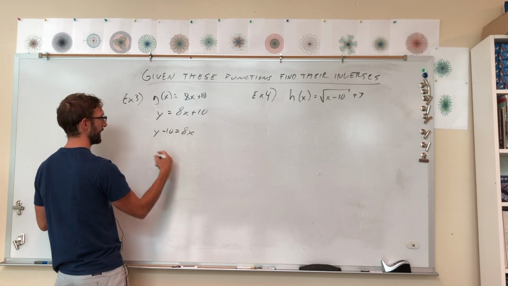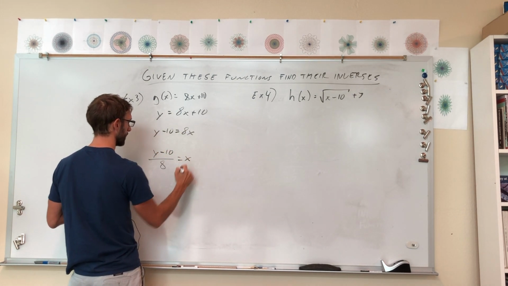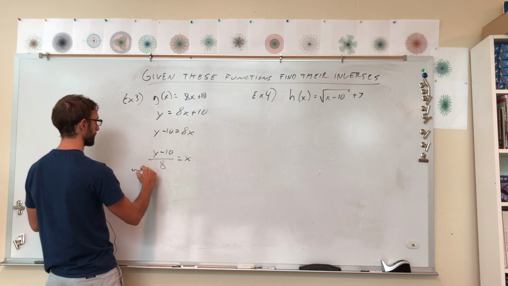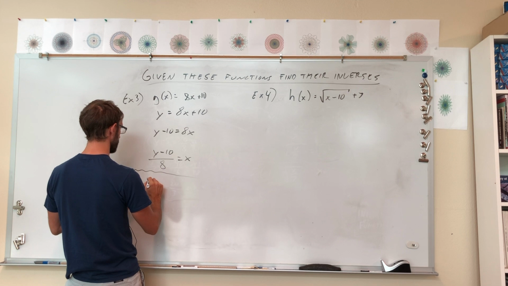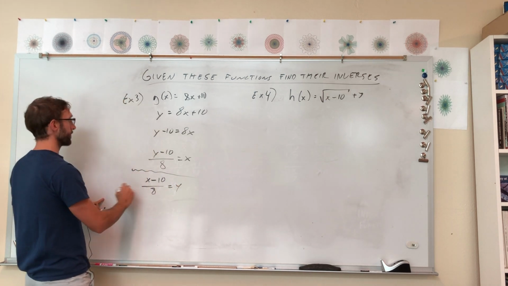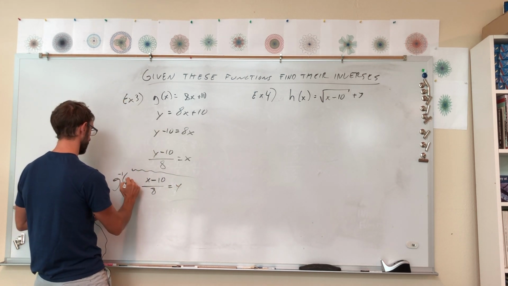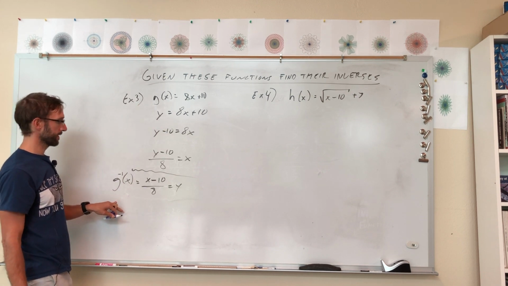All right, now we're going to divide by 8. Great, so there's my function, but then remember we swap the x and y because x is our input. And this is our inverse function. There we go. Here's g inverse.